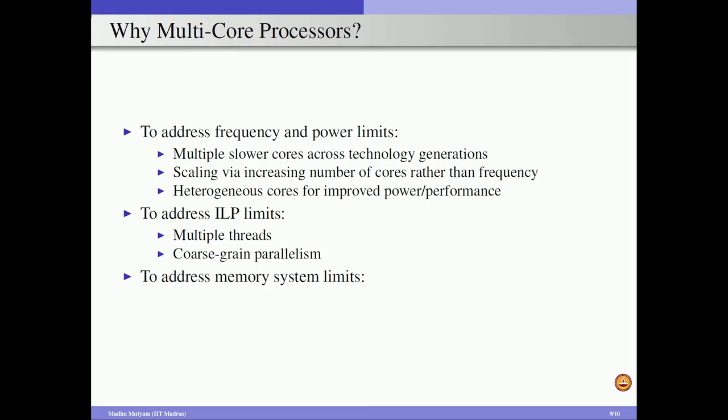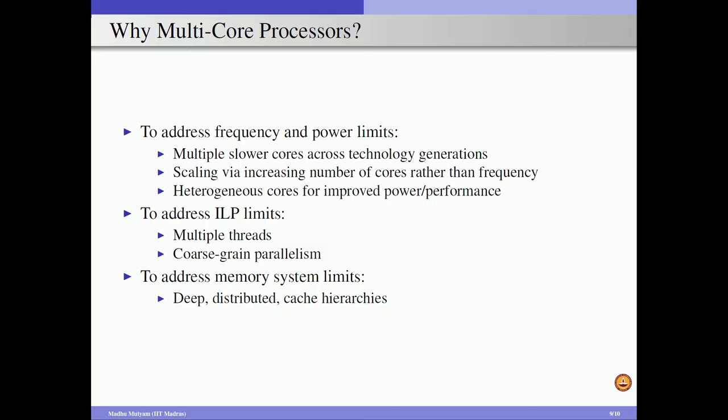And finally, once we have multiple cores, we still have the memory wall problem. In order to address this memory wall problem, we have to go for deep distributed cache hierarchies. These cache hierarchies are distributed across the multiple cores in our multi-core system, but these caches can be shared.